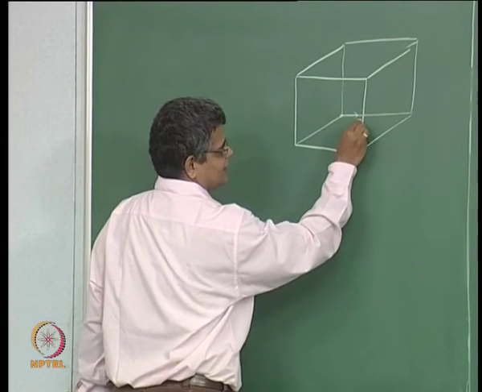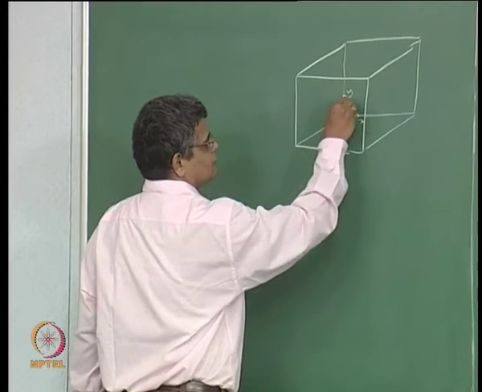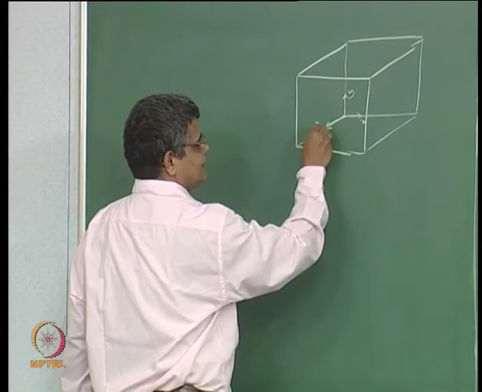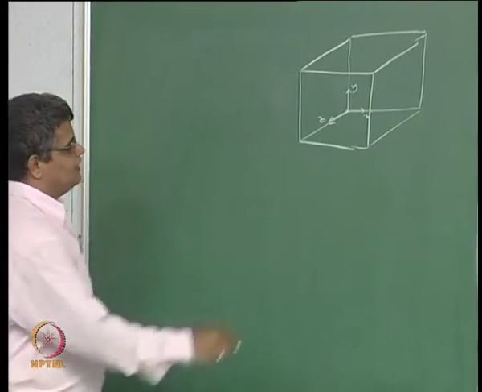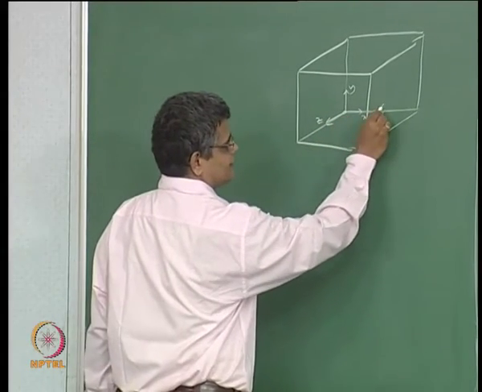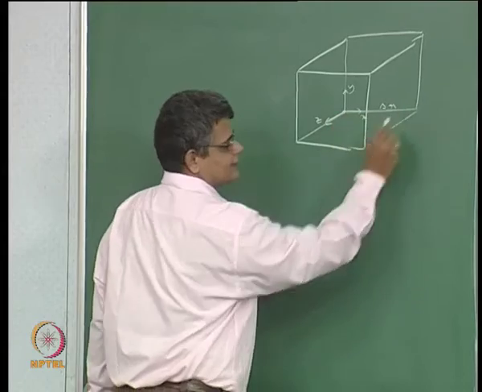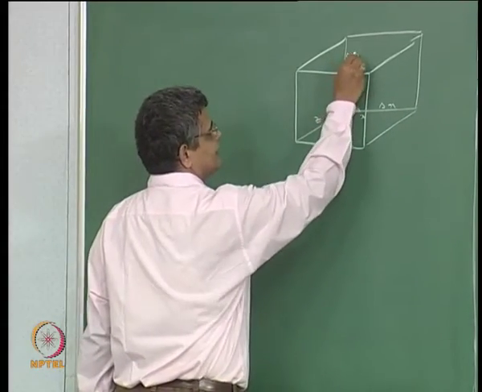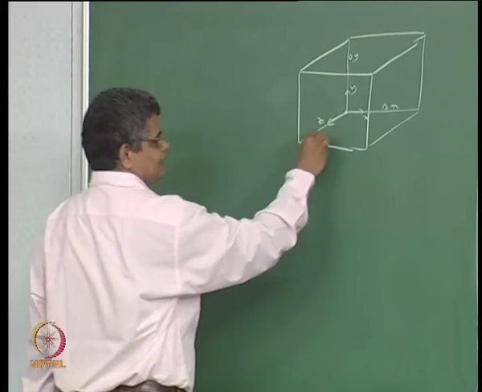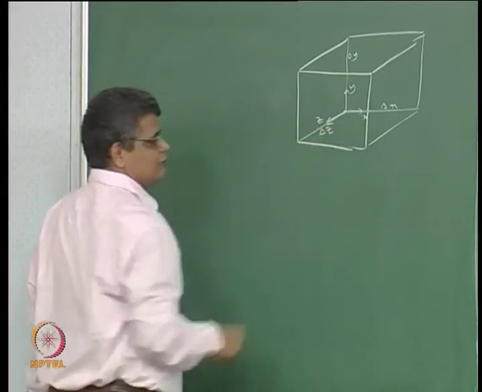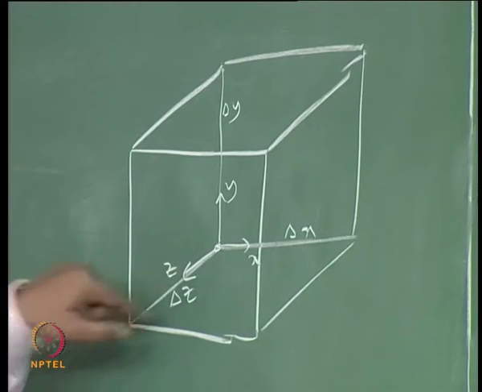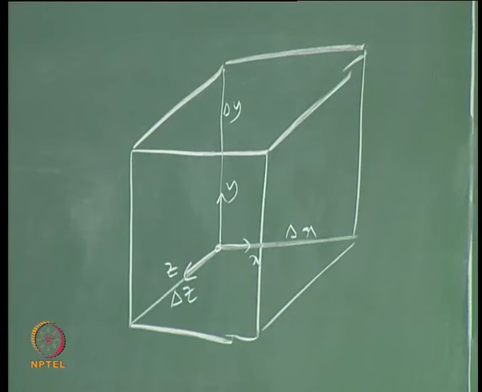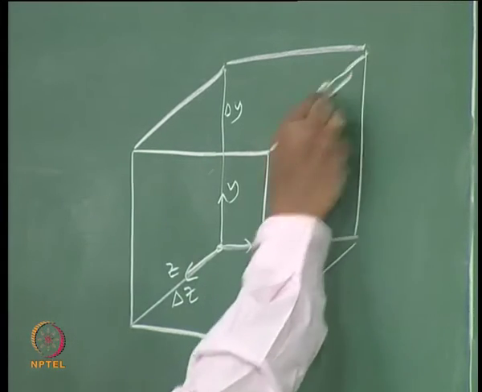This is our x direction, y direction and z direction. The control volume has delta x width in this direction, a height of delta y in this direction, and a depth or length of delta z in this direction, and this is a cubical control volume.